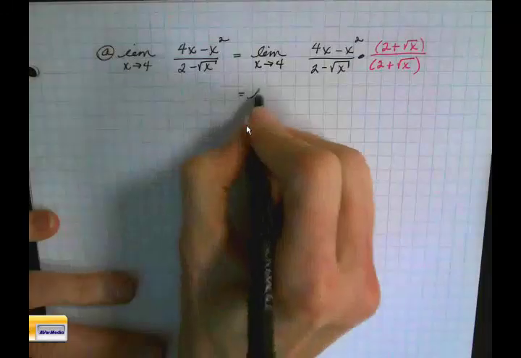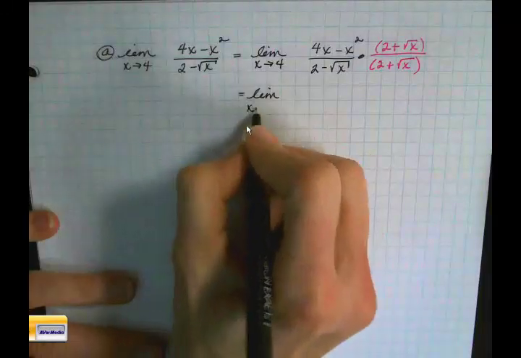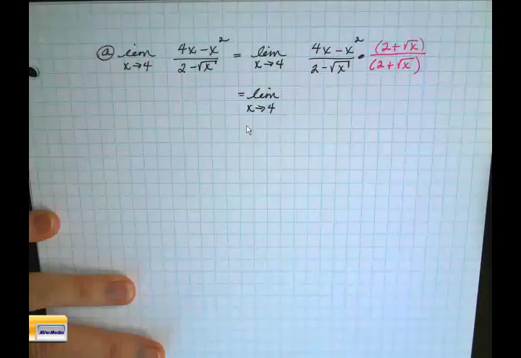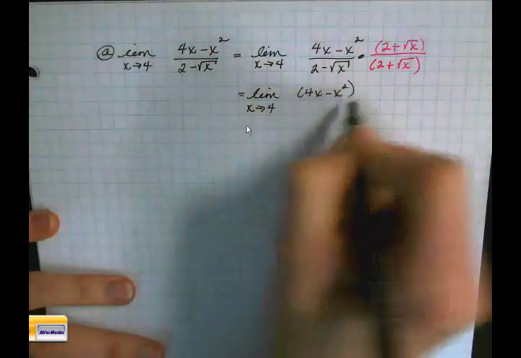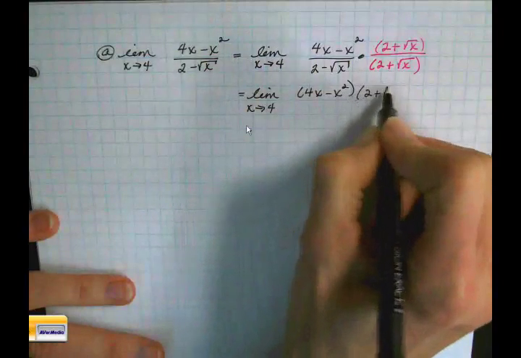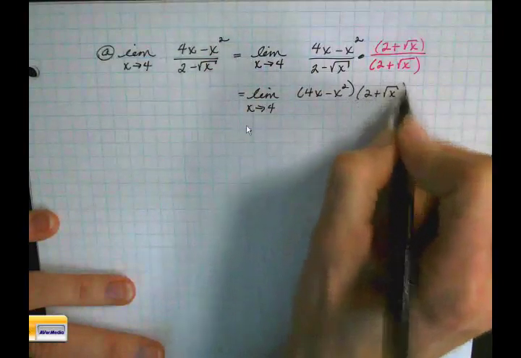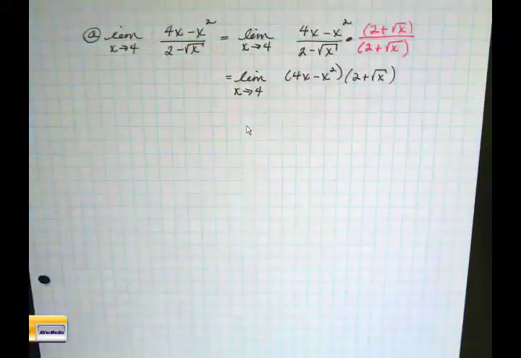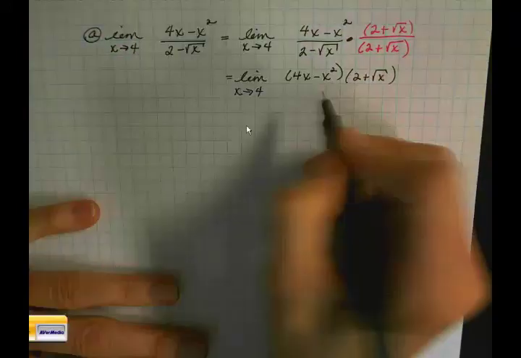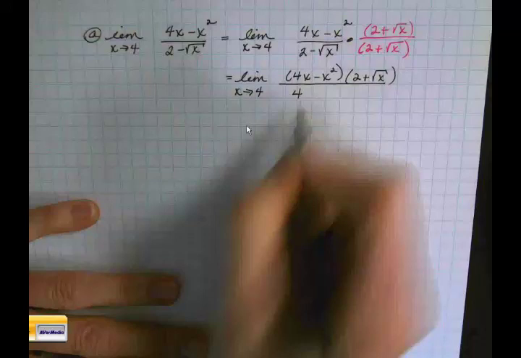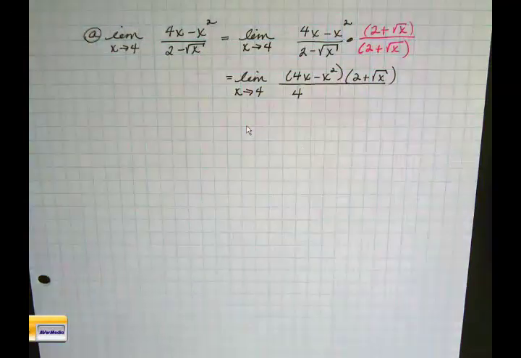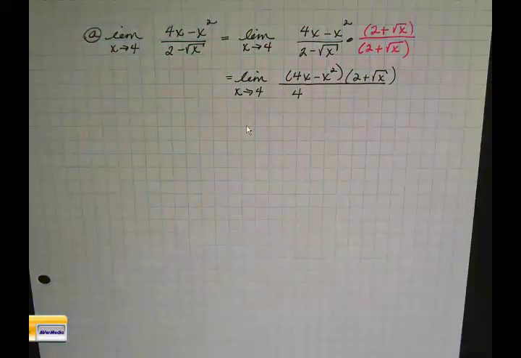Okay, so this equals, and don't forget we're evaluating a limit, so you must write the word limit. This numerator is now 4x minus x squared times 2 plus the square root of x. And the denominator, if you do FOIL, 2 times 2 is 4. The outside 2 square root of x minus the inside 2 square root of x makes 0.